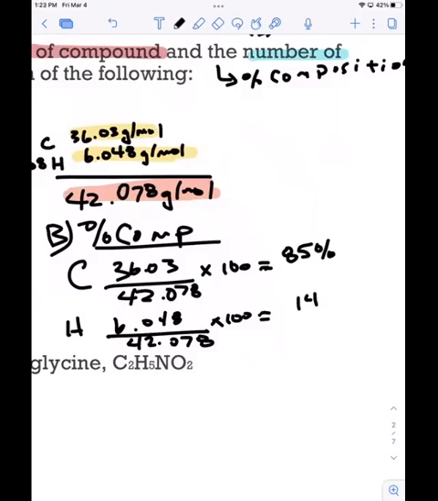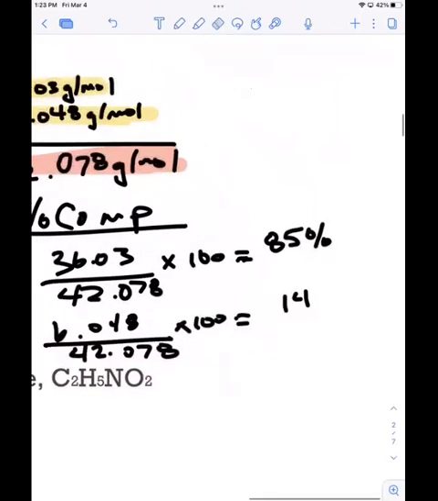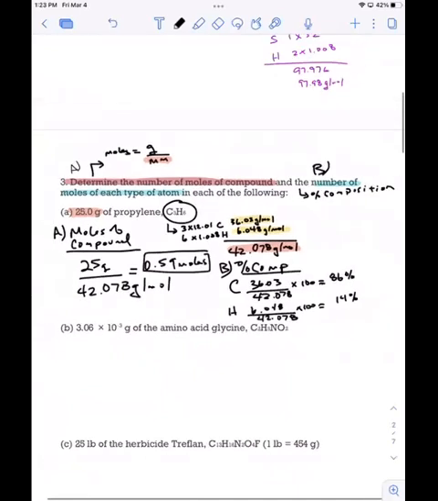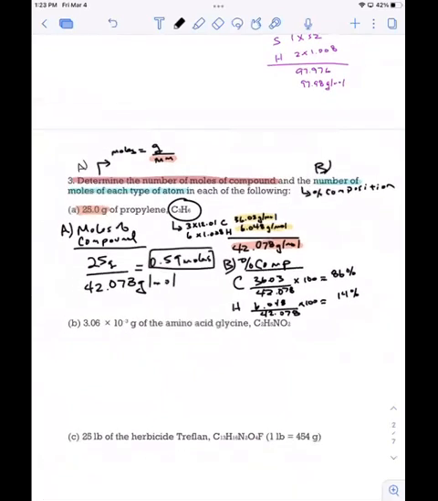It was 0.856, so you can say 86. We're gonna round that up to 86. So it's 86% and then 14%. Y'all following that? So what we're saying is that this compound is 86% carbon and 14% hydrogen.